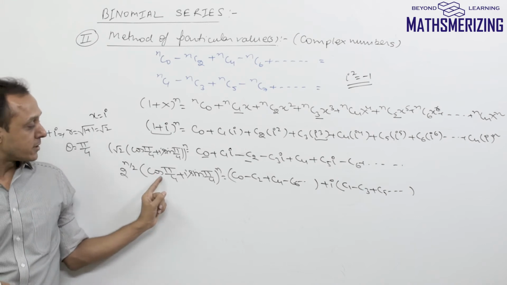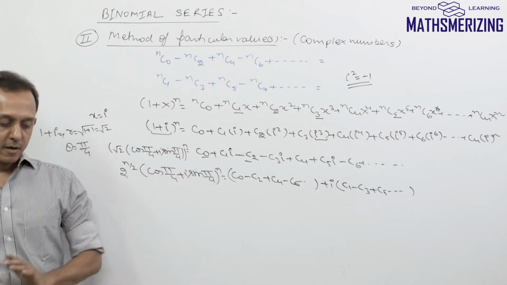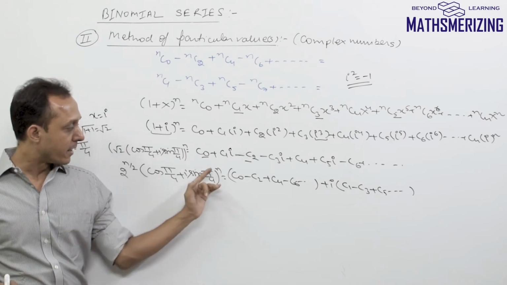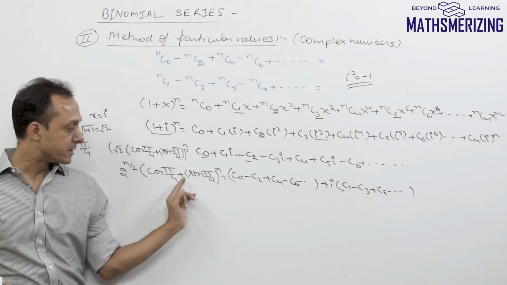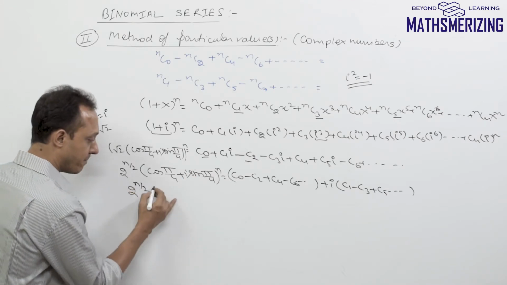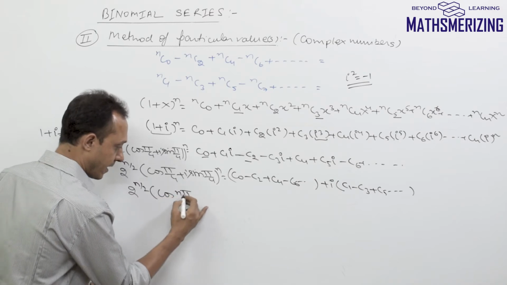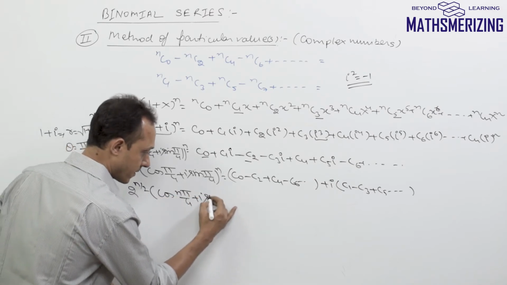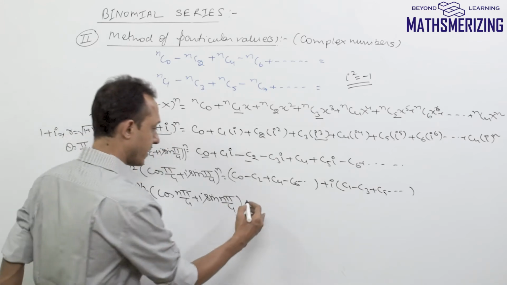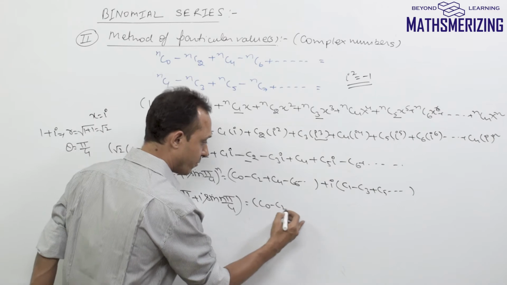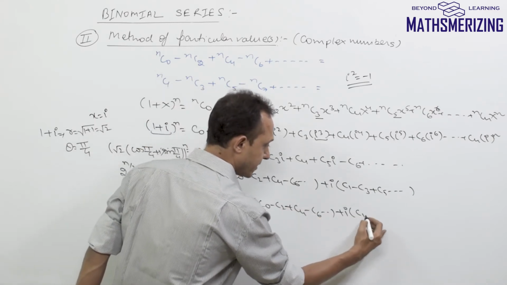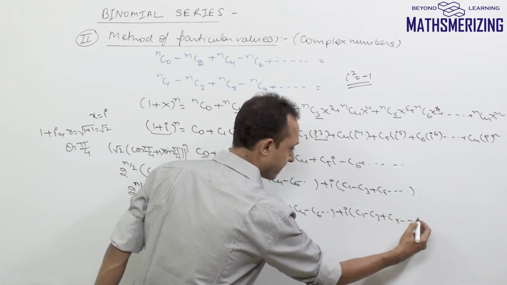Now we know that it is (cos theta plus iota sin theta) to the power n. If I use de Moivre's theorem, it says (cos theta plus iota sin theta) to the power n is simply cos n theta plus iota sin n theta. So I can write it as 2 to the power n by 2 (cos n pi by 4 plus iota sin n pi by 4), and this is C0 minus C2 plus C4 minus C6, and then plus iota times C1 minus C3 plus C5.